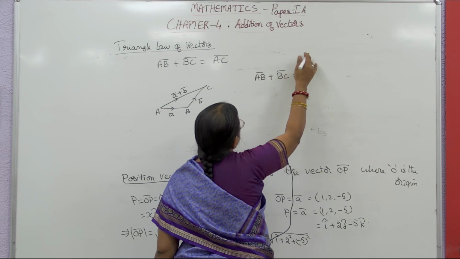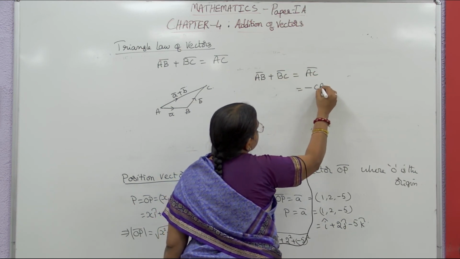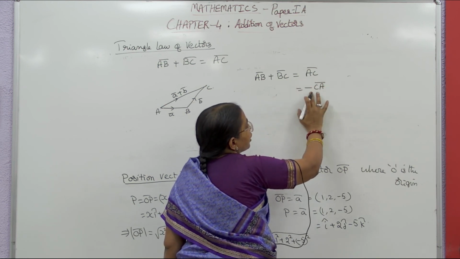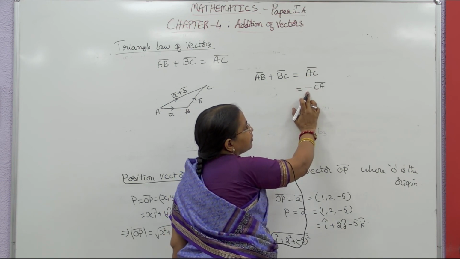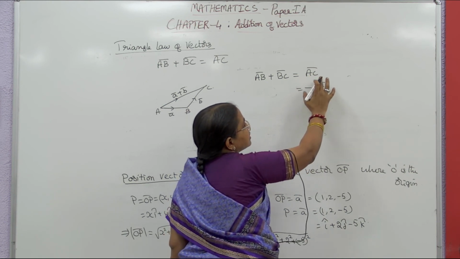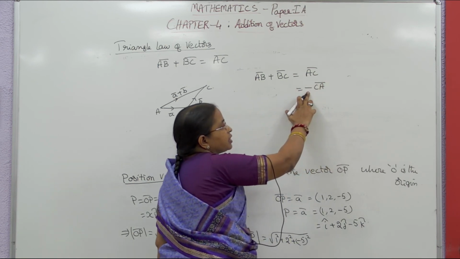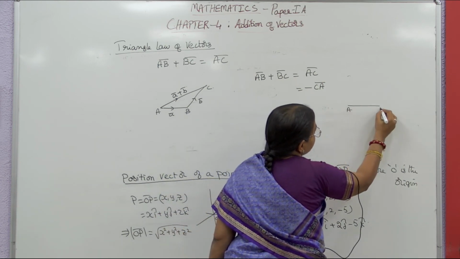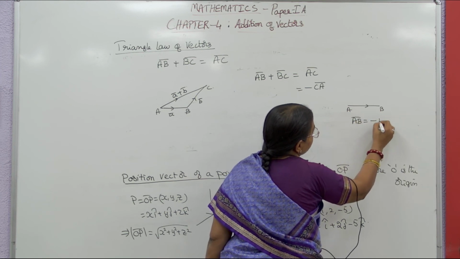AC can also be written as minus CA. When you interchange the initial and terminal points, the direction is changed, so you write the negative of the vector. AC is minus CA. You are changing the direction, so you must change the sign. You have seen the negative of a vector: AB is equal to minus BA.